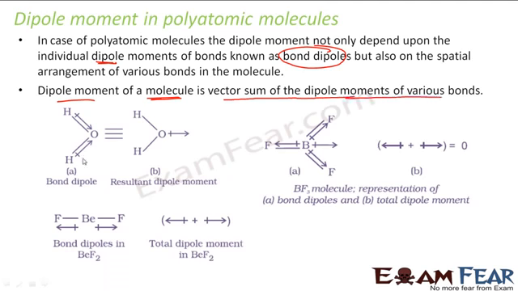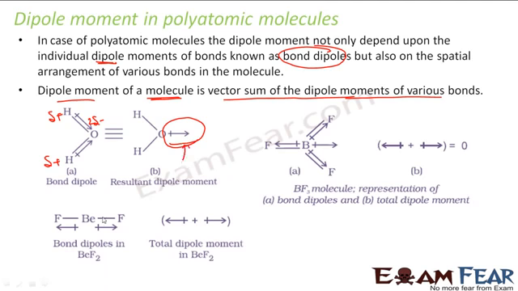For example, in H2O, hydrogen gets a partial positive charge. Oxygen is more electronegative than hydrogen, so it gets a partial negative charge. There's a dipole here, a dipole here, and the net dipole is this one.